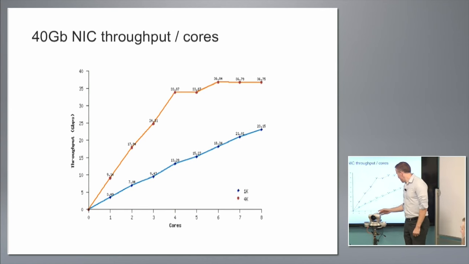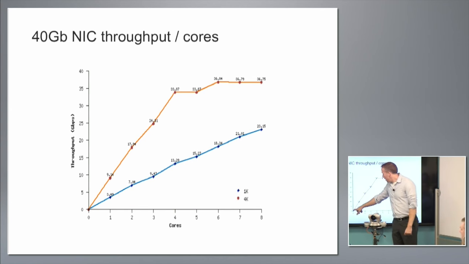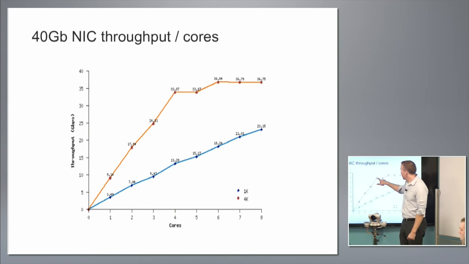At 4K, which is more of a storage-style request micro benchmark workload anyway, you have to add cores to get up to link saturation. And this is just trying to forward data across a pair of ports. If you go to 1K, it's so clearly CPU dominated.